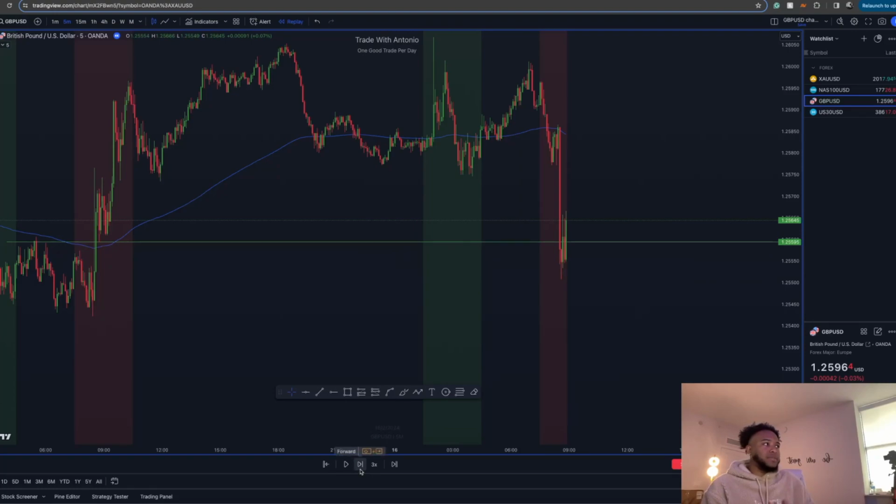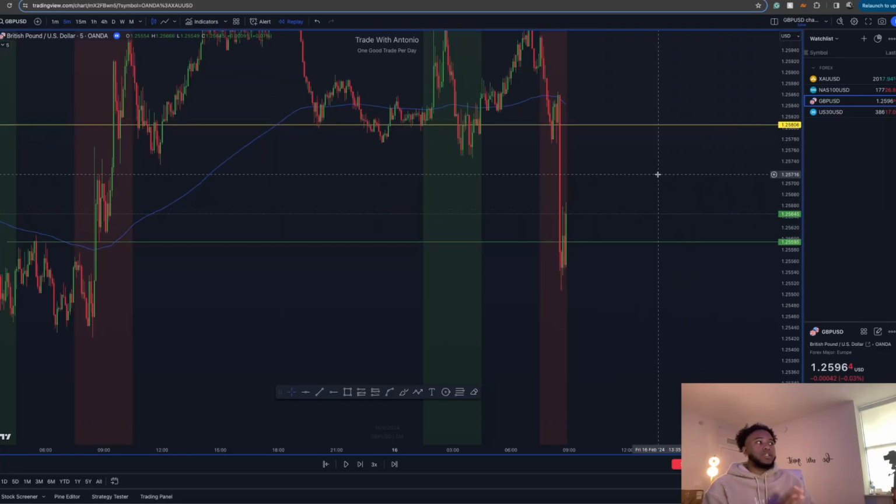We had a supply sitting right at the top here, so if anything, that was an indication as to where my targets could possibly be for the day. I would immediately mark that off, especially since the higher time frame is bullish, which means I am ignoring the signs of any selling on the 5-minute.